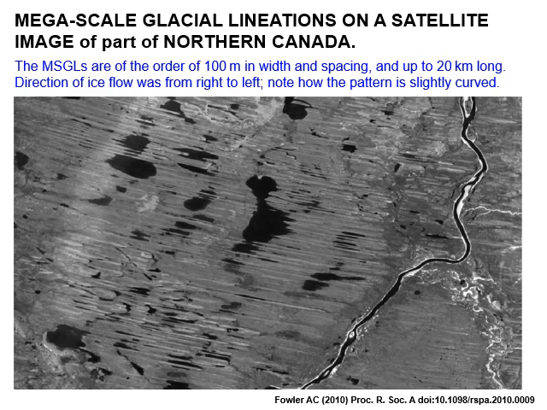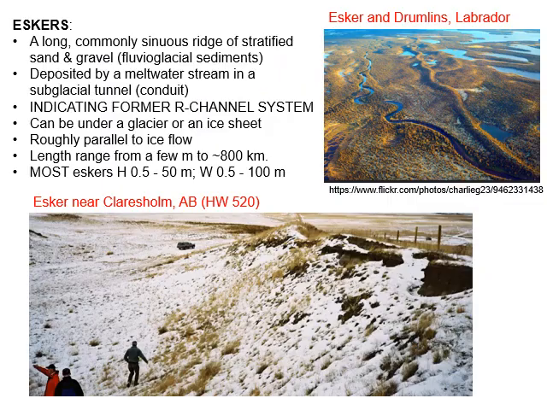The former ice flow was from the right to the left side of the image, and you can see that they're slightly curved. So the former ice stream was slightly curved toward the top left side of the image.